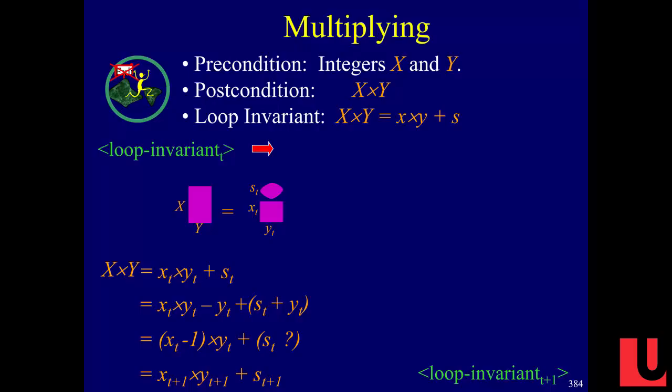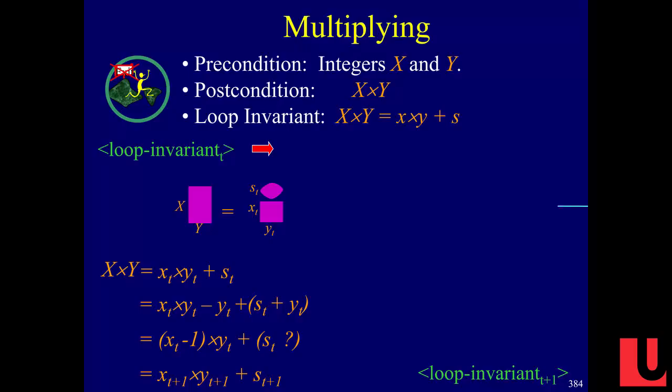I'm saying that this area equals that area, because this is a product and s is a number by itself. I'm just trying to get what this says. This is a square, this is a square, this is an area.